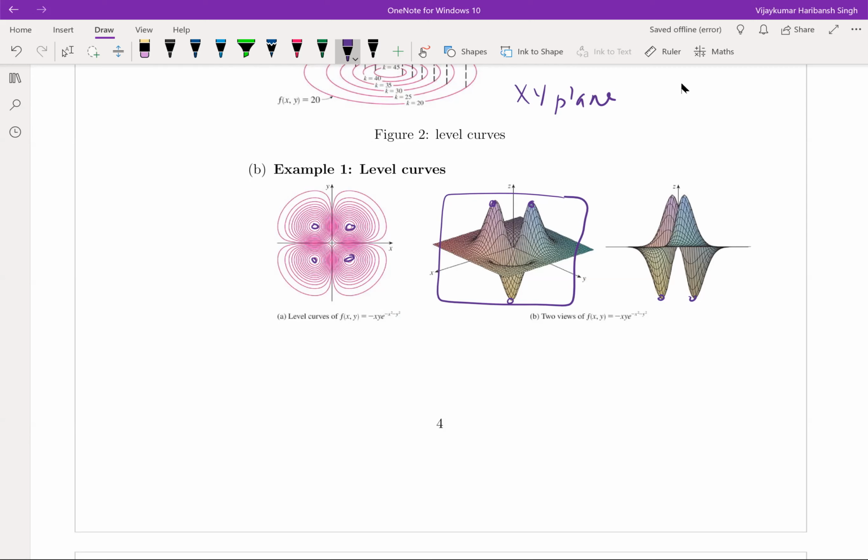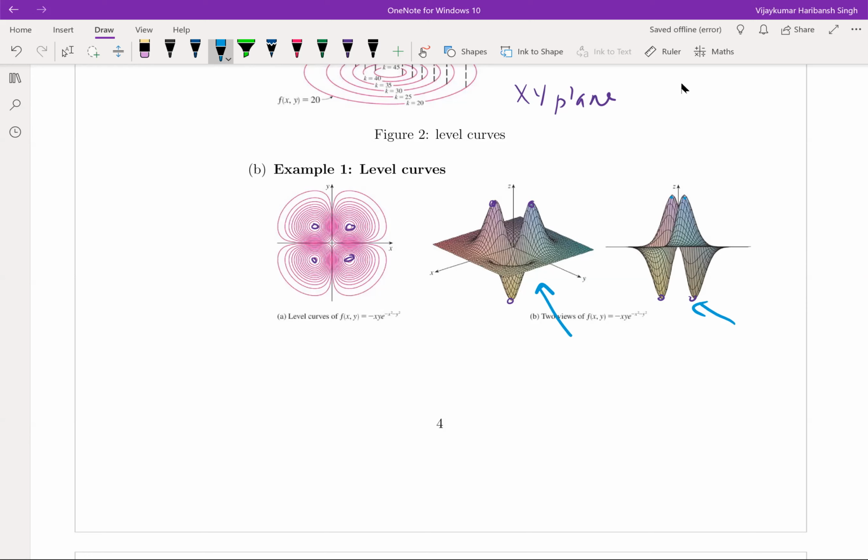To understand a 3D object completely, let's look at these two 3D objects, for example. You will have to see them from different angles. From this angle, you see there are two peaks and one valley, but actually there are four of them. So level curves give you an idea about how the 3D surface looks.